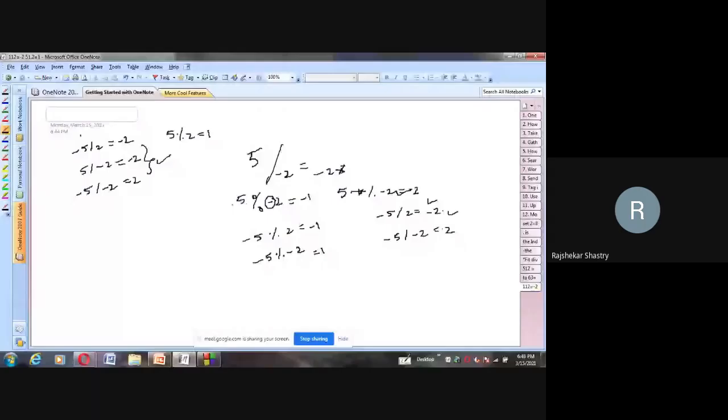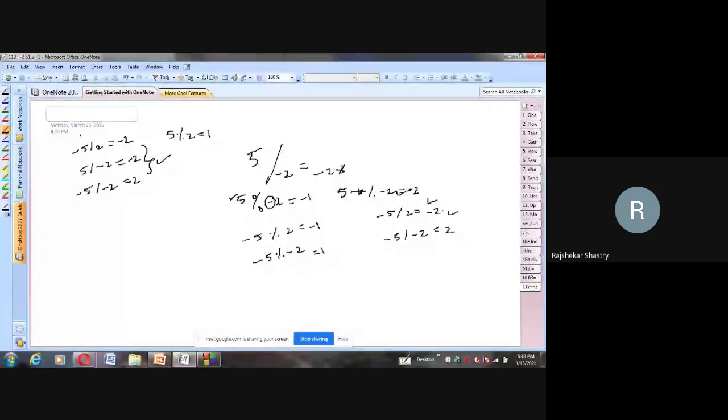If the numerator is positive, irrespective of the denominator, the remainder is positive. On the other hand, if the numerator is negative, irrespective of the denominator, the remainder is always negative.